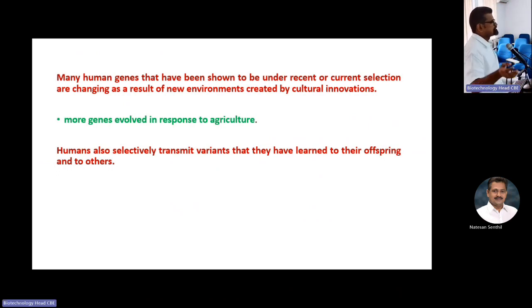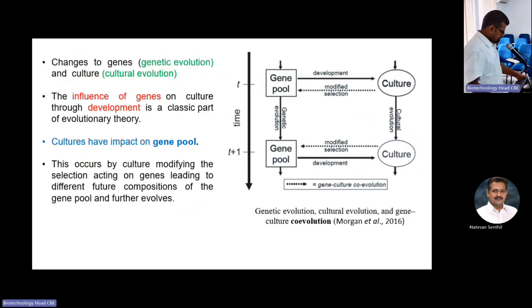Like we saw in the first slide from the different geographic time zones of human evolution, from agriculture, we have moved into industrial and post-industrial societies. More genes evolved in humans because of the practice of agriculture. Humans also selectively transmit variants that they have learned to their offspring because every organism wants their offspring to lead a better life than what they did, right? Not only humans, every organism.